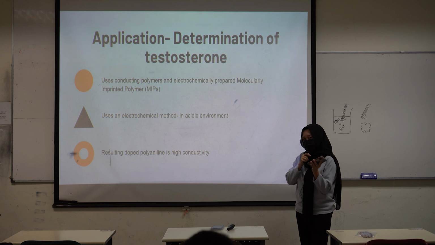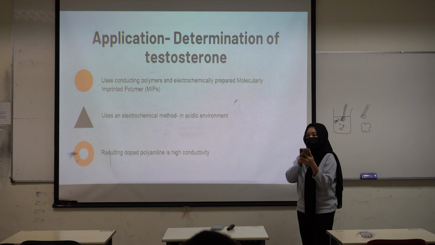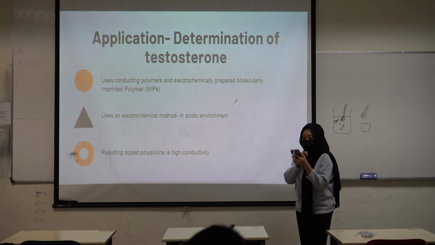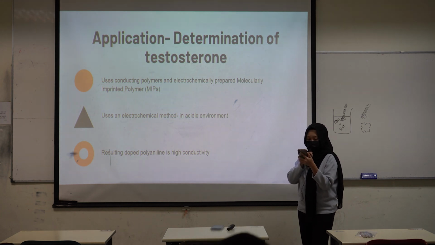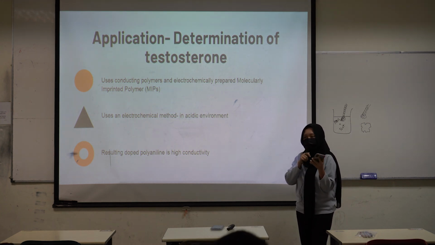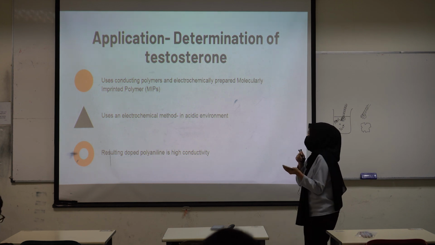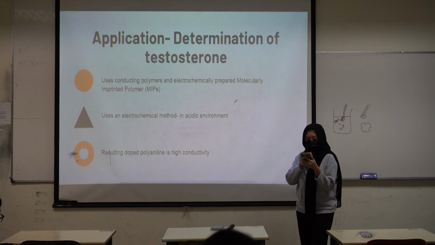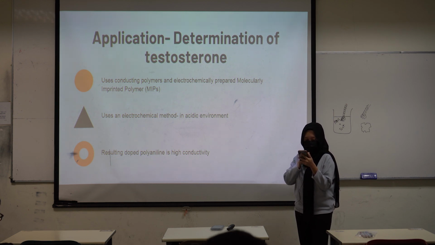When the environment is acidic, it requires an inorganic acid to dope the aniline, to dope the amine groups in aniline. When the aniline is doped, it will provide high conductivity, which is good for electrochemical sensing applications.